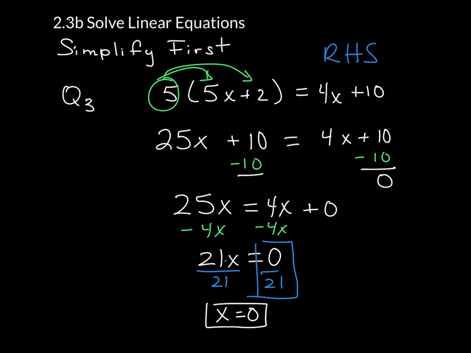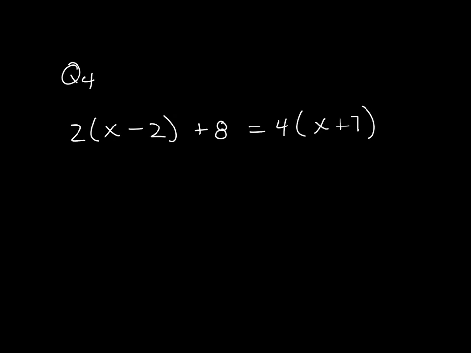All right, let's go ahead and take a look at question 4. Question 4 has 2 times the quantity of x minus 2, plus 8, is equal to 4 times the quantity of x plus 7. All right, so we have to distribute in two cases here. First, I'm going to take the 2 and distribute it to both of those terms.